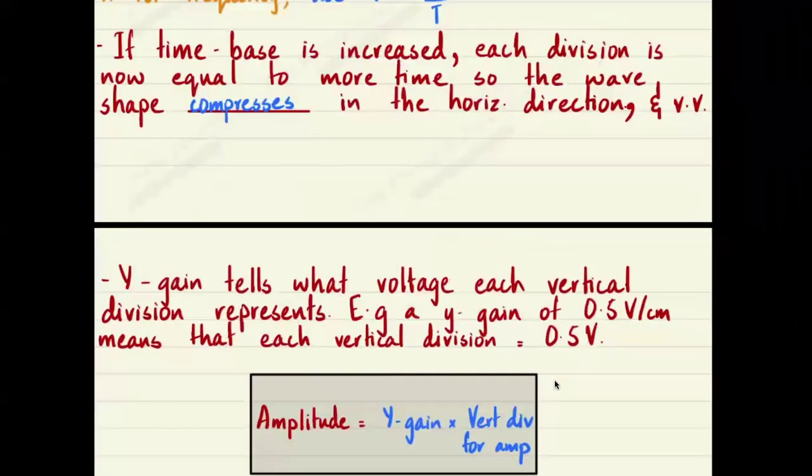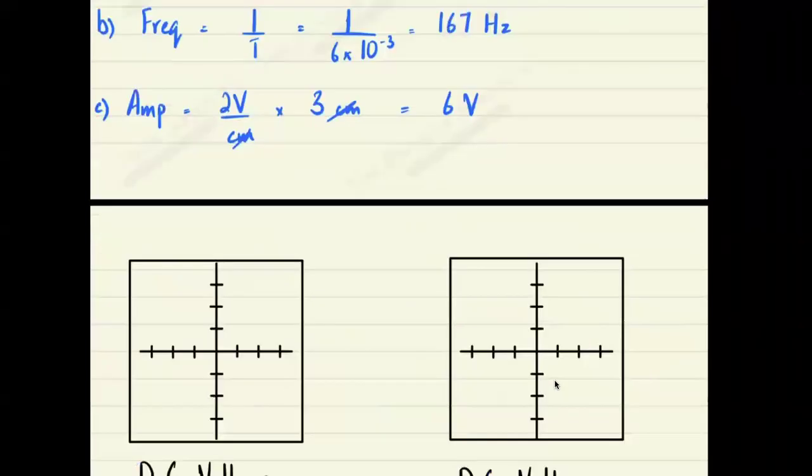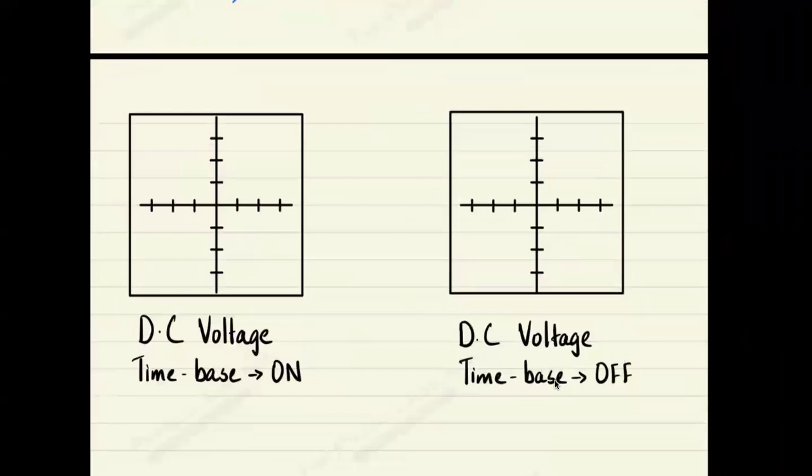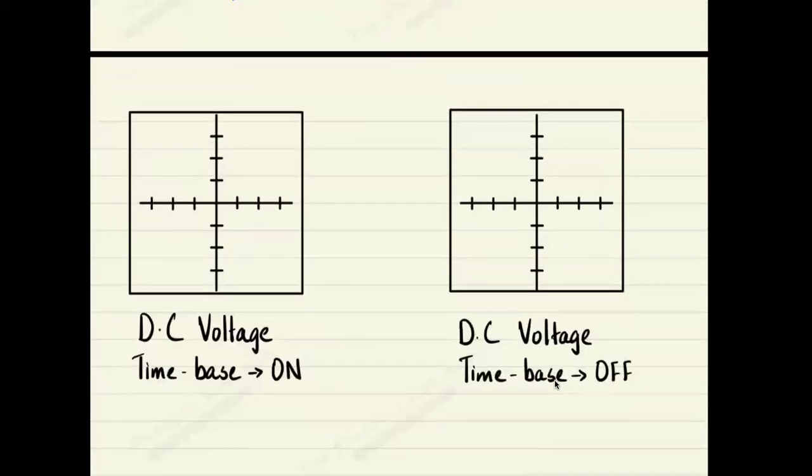One last idea here is regarding the different voltages that can be shown and whether the time base is on or off. So for DC voltage, we know that it doesn't fluctuate between any values. It's the same value throughout. So if the time base is off, as you saw, there are also knobs to have the settings on or off. So if you turn the time base off, what happens is that you have just one value of voltage, and that's how it's shown.